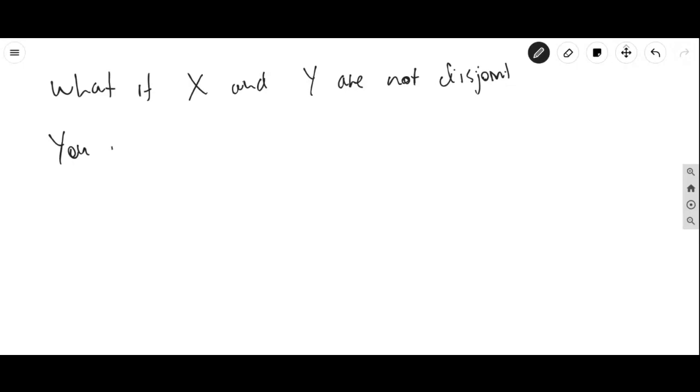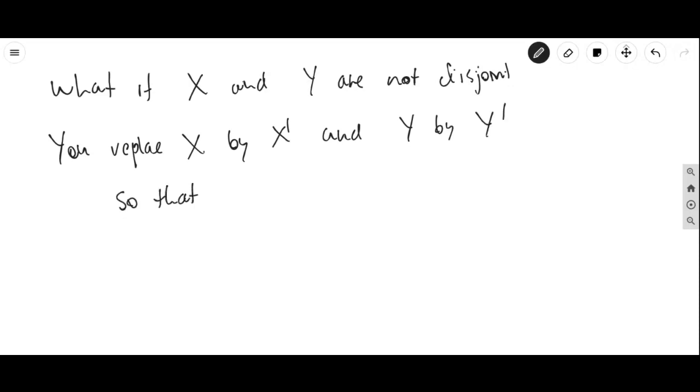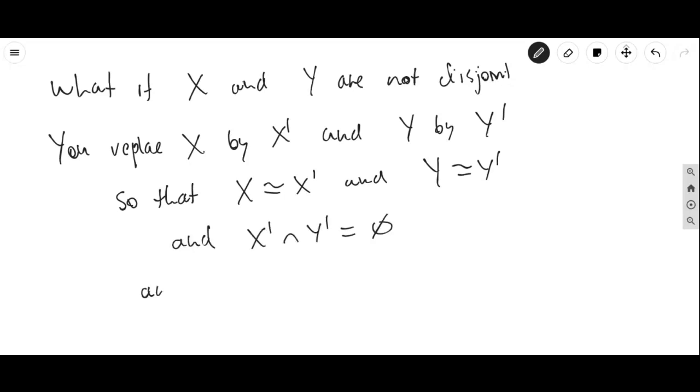You replace X by X prime and Y by Y prime, so that X is homeomorphic to X prime, and Y is homeomorphic to Y prime, and X prime and Y prime are disjoint. And then the coproduct would just be their union as before.